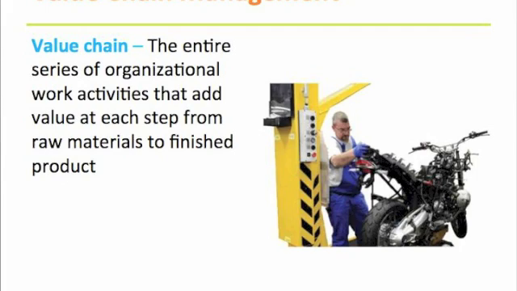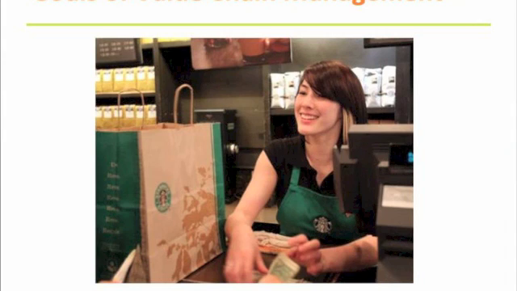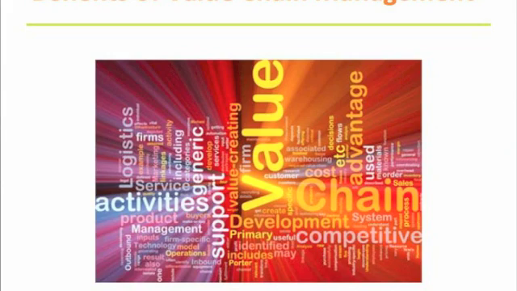So value chain management is all the steps, for example, to turn raw material into a final finished good, such as this motorcycle. The goals of value chain management are pretty straightforward: to create value along the way. So if you can do without a step or combine steps or make a step more efficient, you're creating more value. So that's one of the areas that we look at.